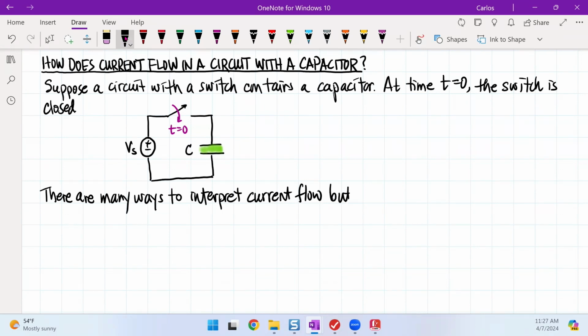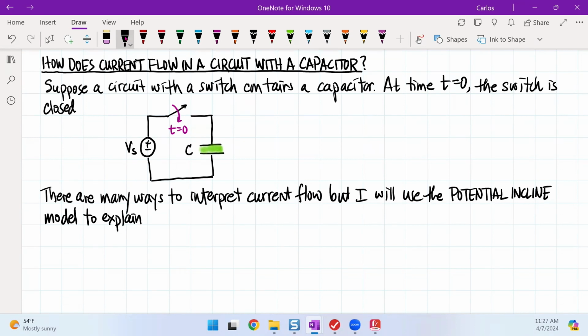But I will use the potential incline model to explain current flow, since it's more physical.